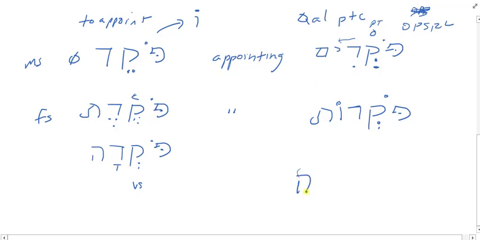I just take hey, lamed, kaf, and just add the vowel points I see here. Holekh. What if I wanted to say walking and I'm referring to a woman? It would be holekhet. If it were men walking, it would be holekhim, and women walking would be holekhot.